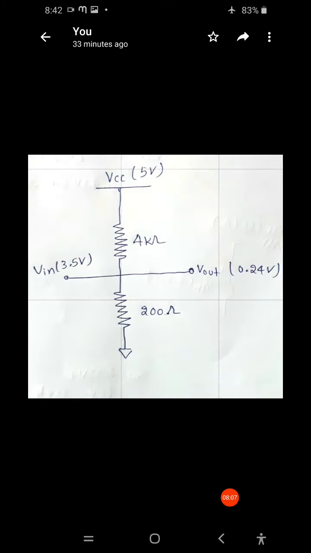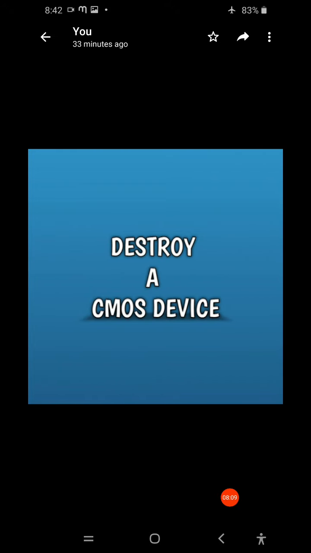Coming to the next one, destroying a CMOS device. A CMOS device can be destroyed by electrostatic discharge.